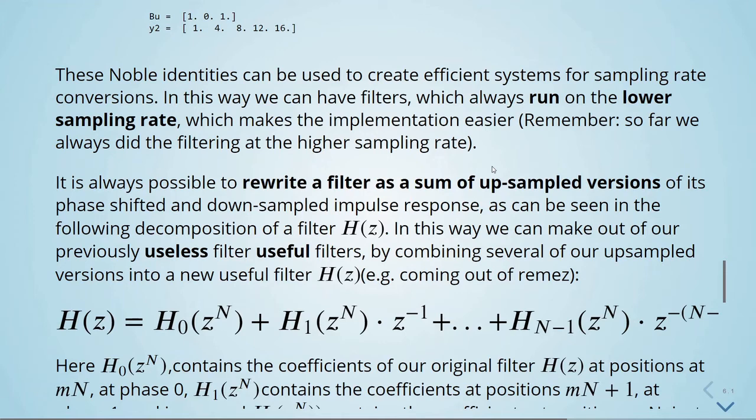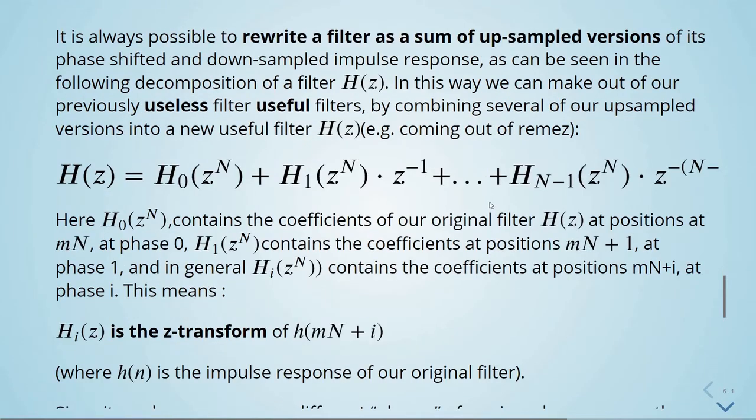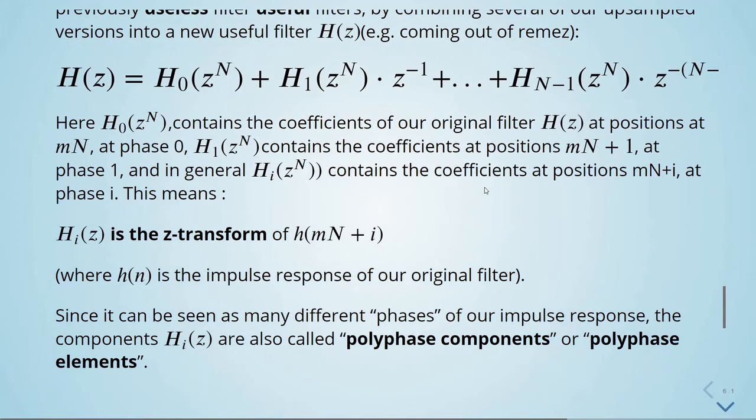So in this way we can make our previous useless filter a useful filter when we combine several of our upsampled versions into a new usable filter. So what we will do is something called a polyphase decomposition. So we will have polyphase components or polyphase elements.